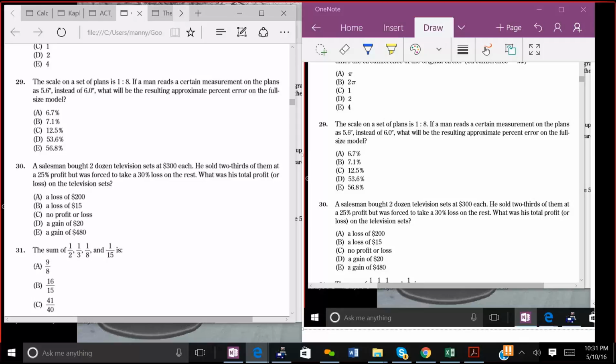And after he sold all of them, he made 7,680. So his total profit was 7,680 minus 7,200. So it's 480. He made a gain of 480, so it's E. Right? Yes.